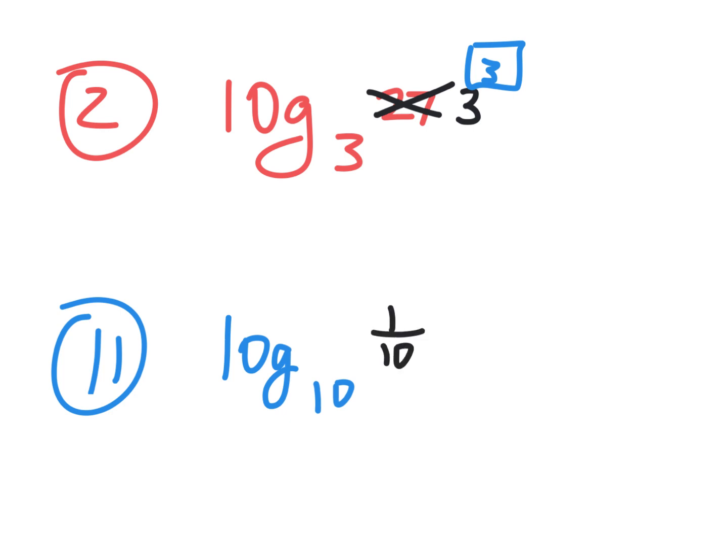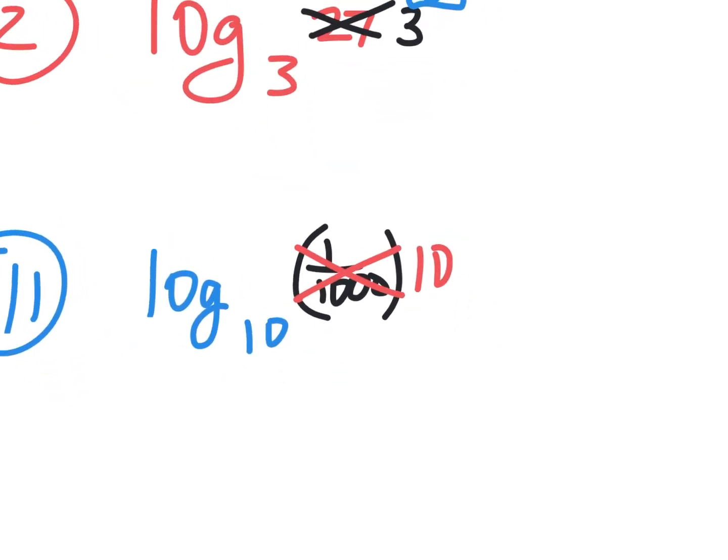1 over 1,000. All right, so hint, as soon as you're writing the base being 10, you should be smart enough to go, oh, so you want me to write this as 10 to a power so that the bases match. You know what I mean? So 1/1000th is 10 to the something. Well, it's not 10 to the first. It's not 10 to the second. That'd be like 100. 10 to the third would be 1,000.